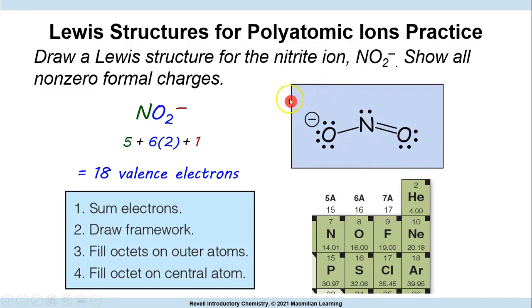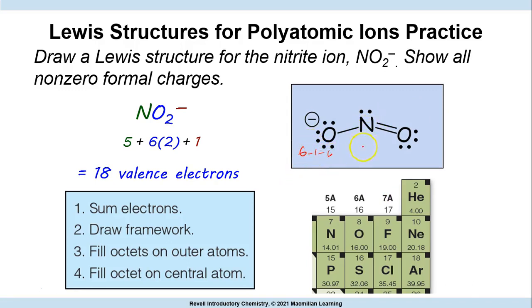Now we've been asked to show the non-zero formal charges. So we have to calculate the formal charges of all these atoms. So for this atom, oxygen has 6 valence electrons when neutral, minus number of bonds 1, minus unshared electrons 6. So 6 minus 1 minus 6 is minus 1.